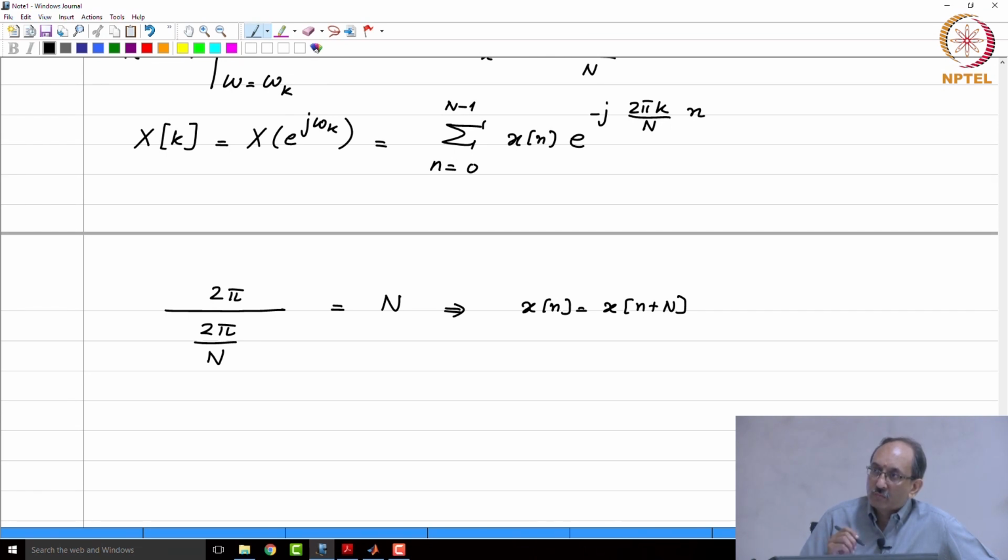So now here you are sampling in the frequency domain, therefore in the other domain, which is time, the signal has to be time limited. So everything is consistent. The signal is time limited, you sample, periodic repetitions occur with periodicity N, and there is no aliasing.